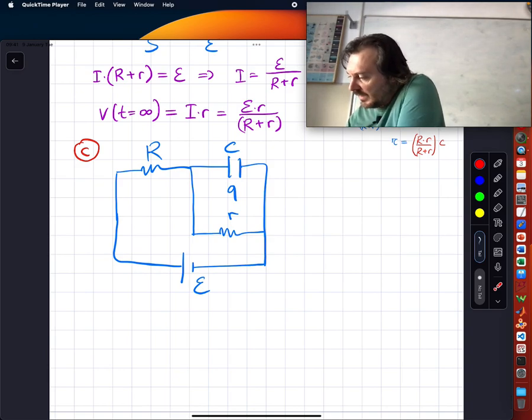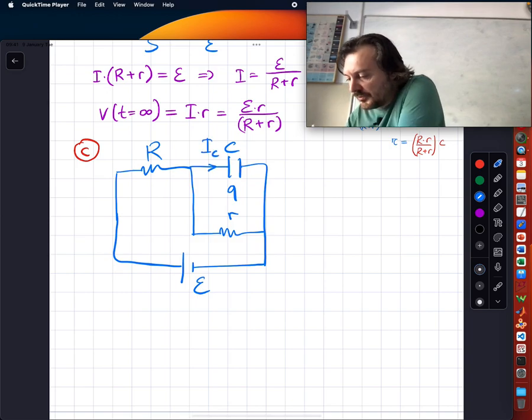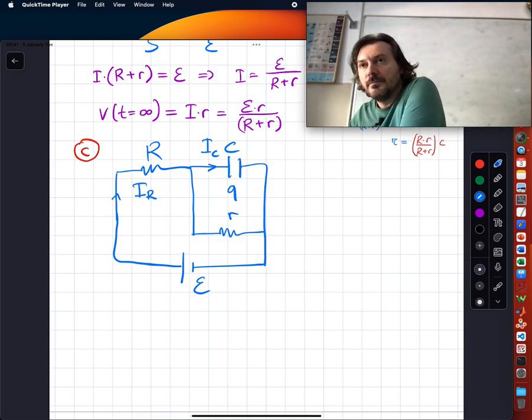Okay, there are two loops. Yes, there are two loops. So which one are we going to use? Both. You have to deal with both.